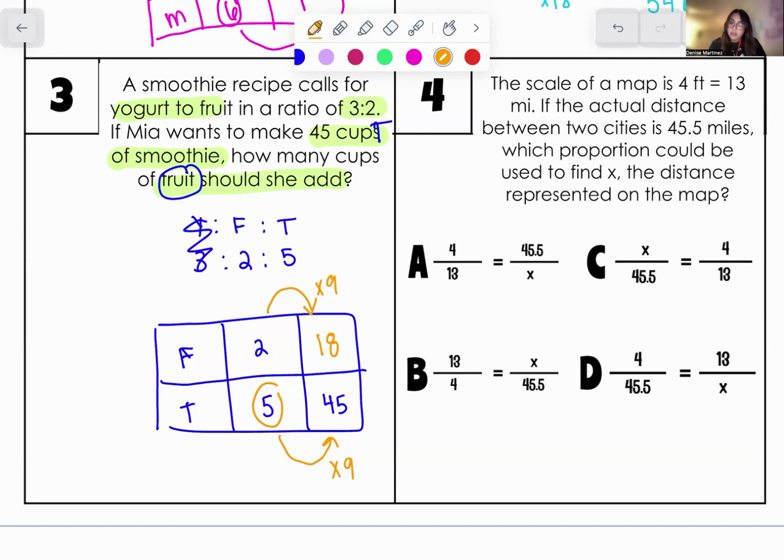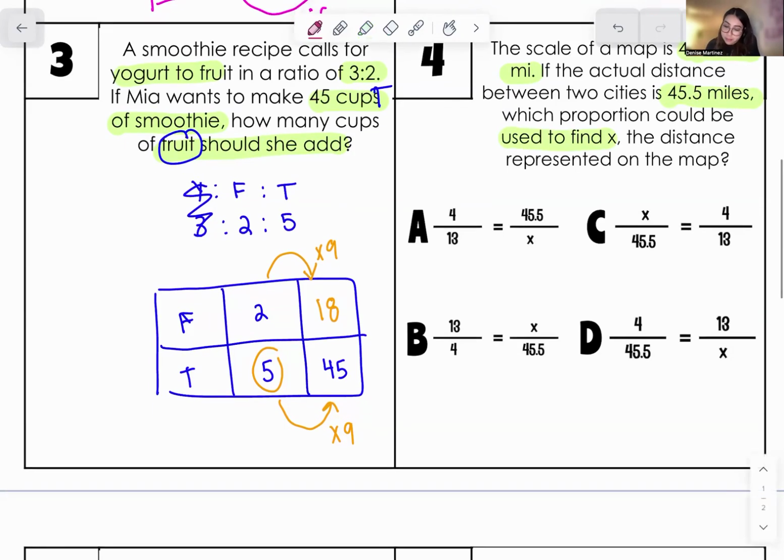Okay. Next one. This one is not asking us to do any math. It's just asking us to make a ratio already or to make our proportions and match them up. The scale map is 4 feet is equal to 13 miles. If the actual distance between two cities is 45.5 miles, which proportion can be used to find X, the distance represented on the map?